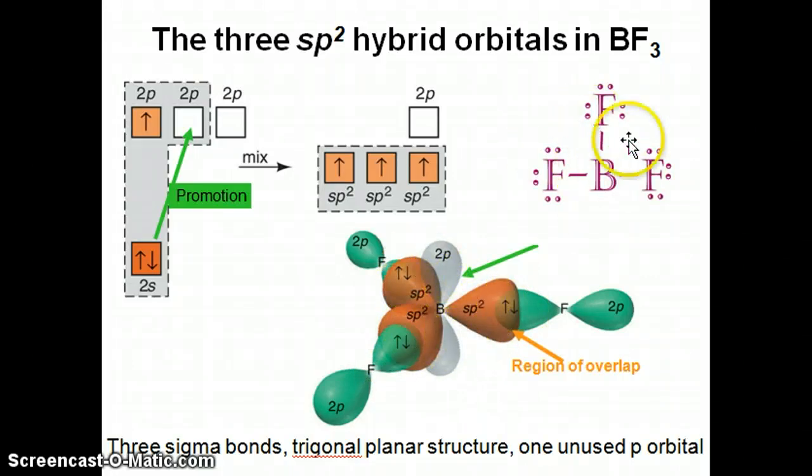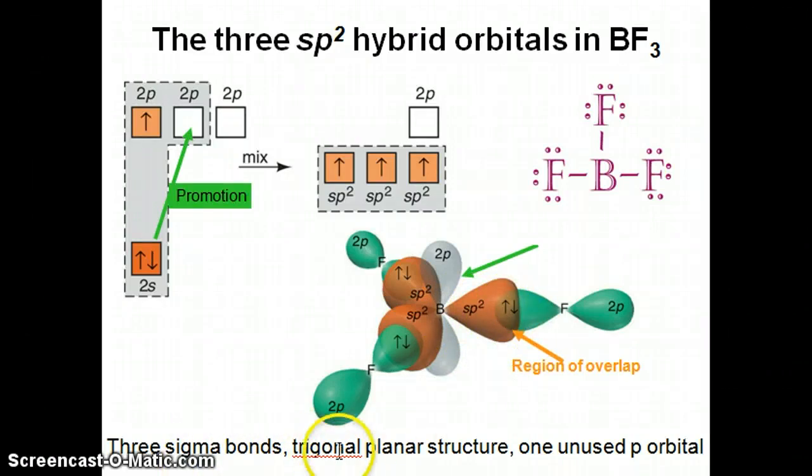To illustrate the bonding then in BF3, what I need to do is just overlap that with the regular atomic orbitals, standard atomic orbitals from F, which would be 2p orbitals, because that's where the single electron in fluorine is located. And so that's what you get here. You get this picture as your illustration of your BF3 molecule, which has 3 sigma bonds, right?